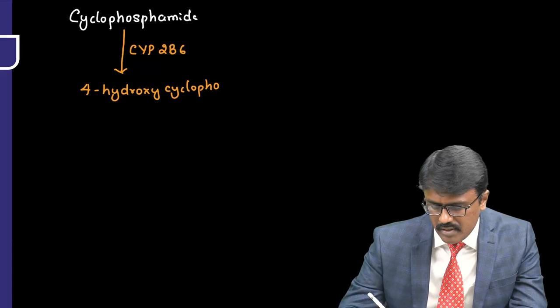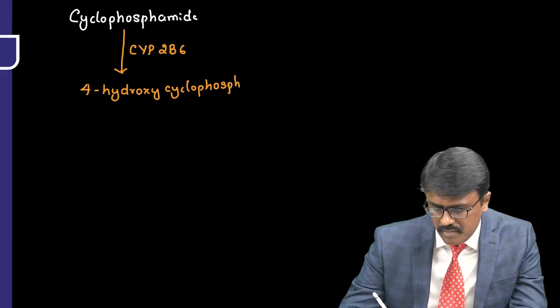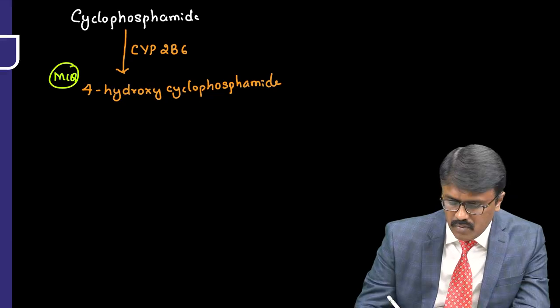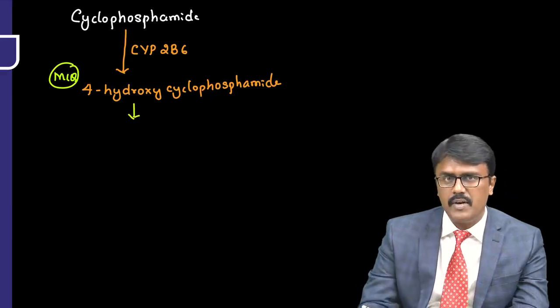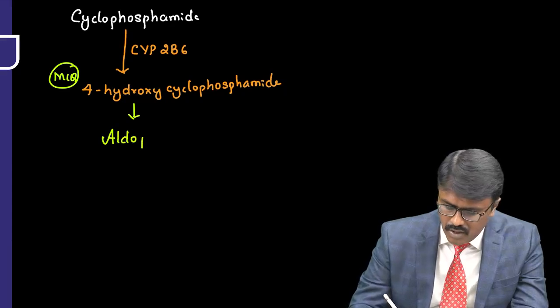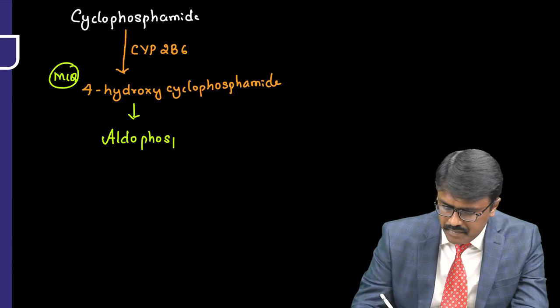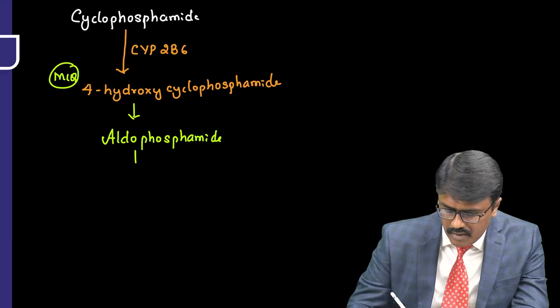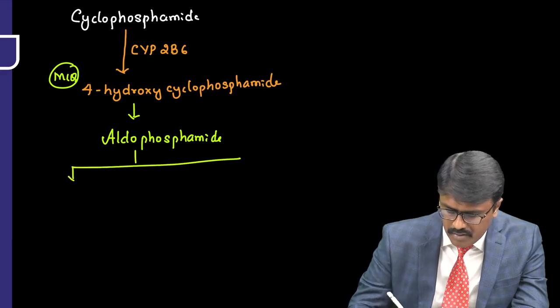So let me drag this side. Recently this question came in your exam. Cyclophosphamide metabolism gives rise to what? 4-hydroxy cyclophosphamide, and that will give rise to aldophosphamide. And this is the active one, which will give rise to another active compound.